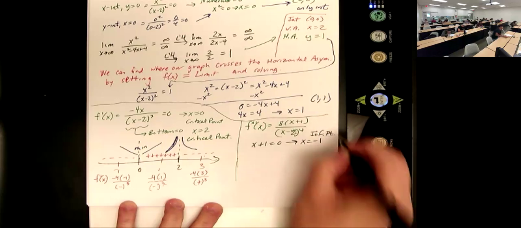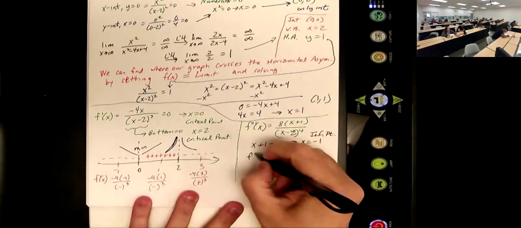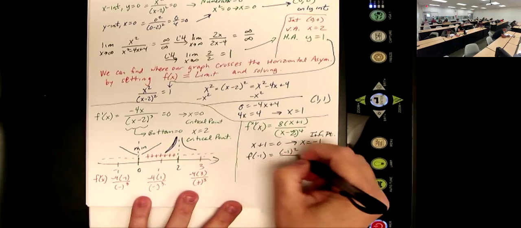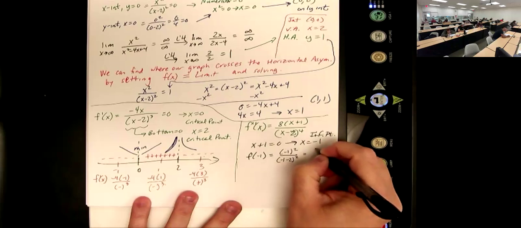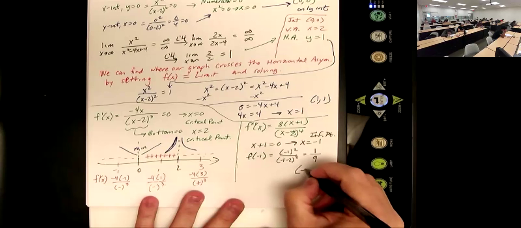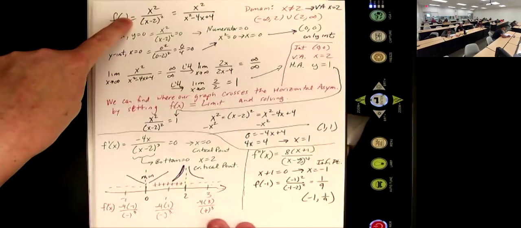Where is that at? f of -1 is -1 squared over -1 minus 2 squared, like 1/9. So -1 and 1/9. Where's the -1 squared? I'm plugging in the f of x up here. Oh, okay.